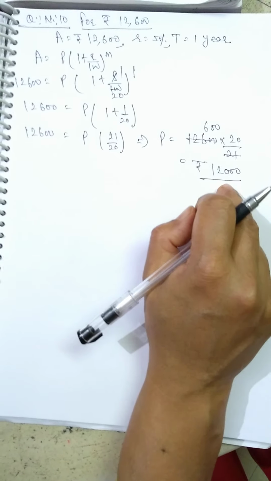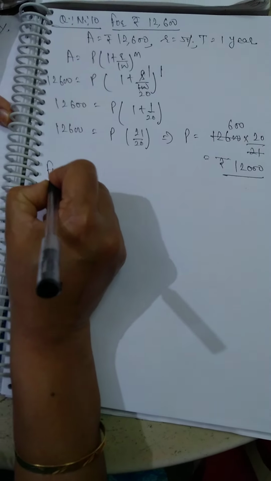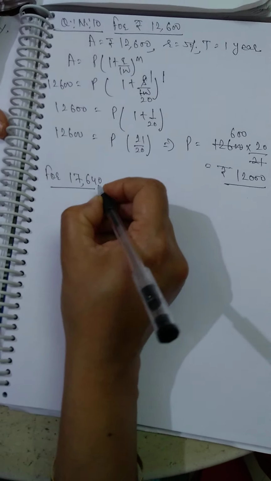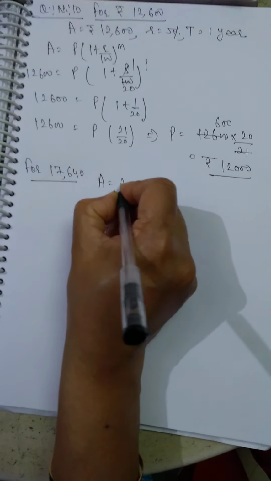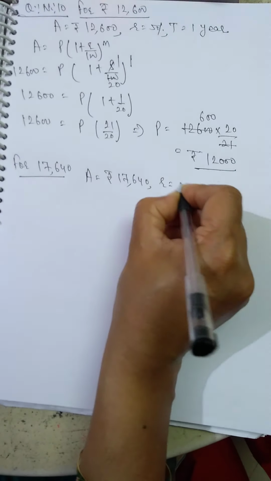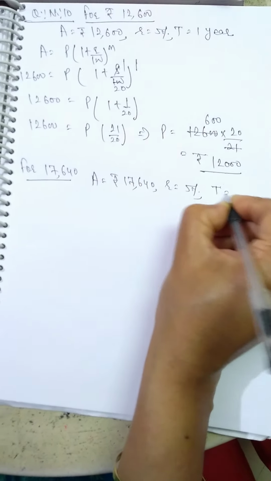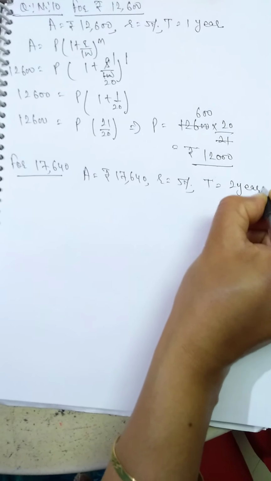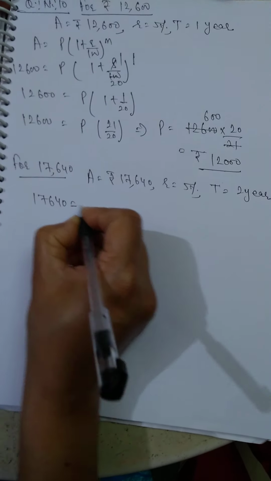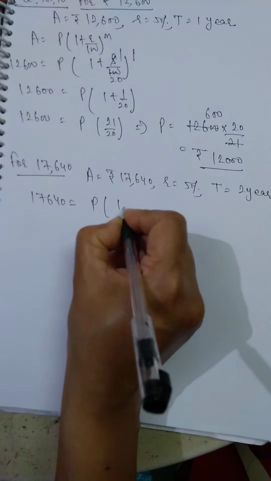Now we will find out the principal for rupees 17,640. For this amount is rupees 17,640. Rate is 5%. Time is 2 years. Now again apply the formula. Put the values in the formula.